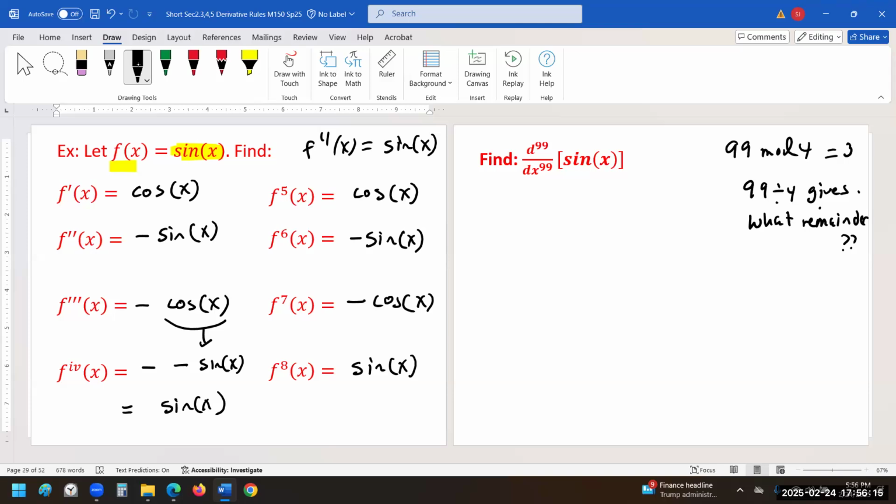Sine, so you go 1 unit back. It's much easier.